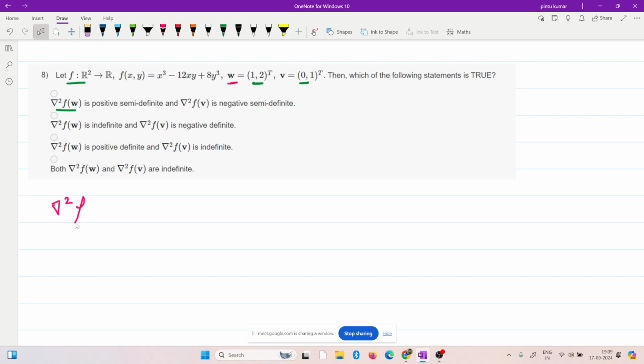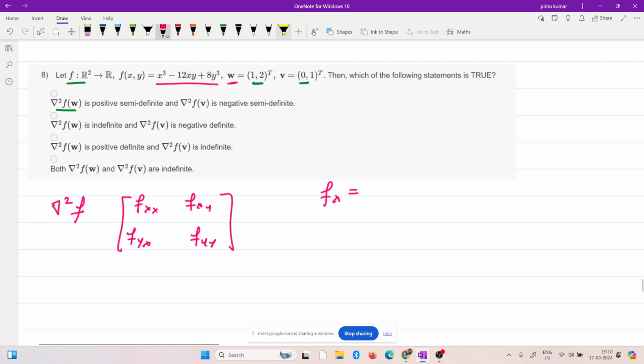What is the Hessian of f? You might remember this is fxx, fxy, fyx, and then fyy. That is the partial derivative with respect to x, then again with respect to x, then with respect to y, then yx, yy. In order to calculate this, what is f of x first? This is the function that we have.